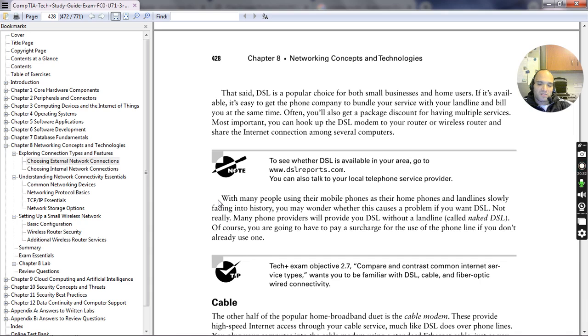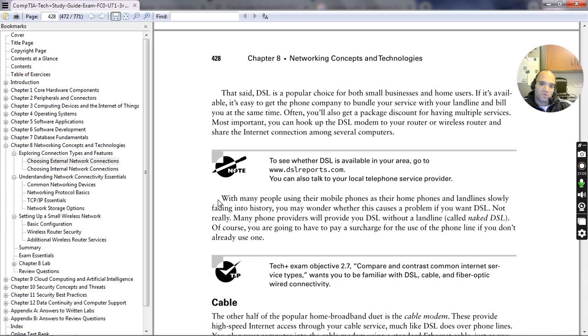And the last paragraph: with many people using their mobile phones as their home phones and landlines slowly fading into history, you may wonder whether this causes a problem if you want DSL. Not really. Many phone providers will provide you DSL without a landline, called naked DSL.